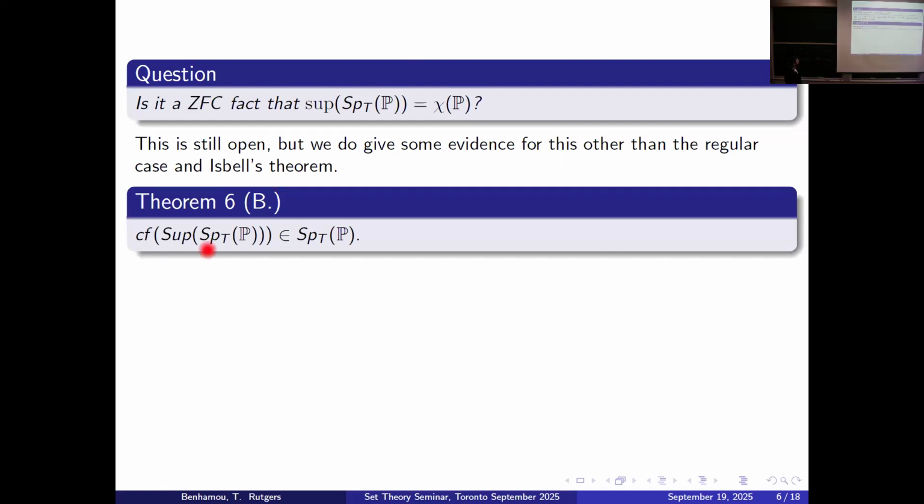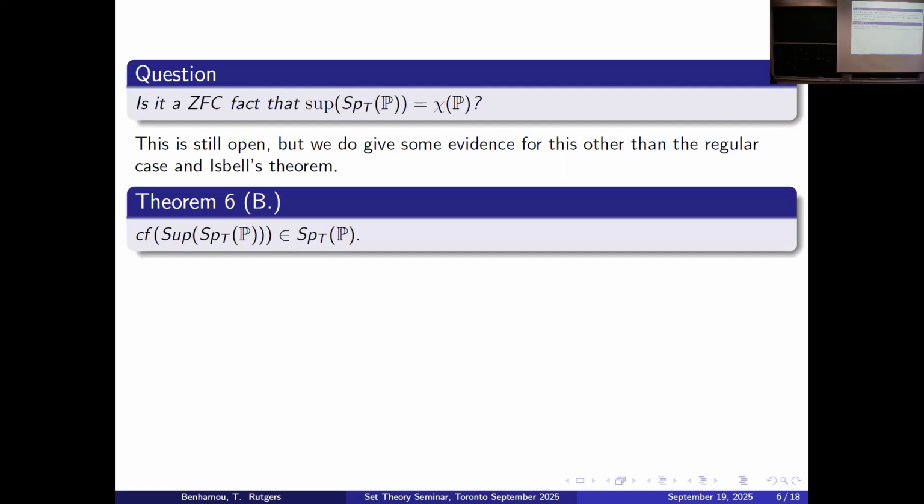But also if the sup is a regular cardinal, there should be, like, most of the cases where the sup is a regular cardinal, we know how to deal with, at least when the character is a regular cardinal. But there is still some progress to be done when the sup is a regular cardinal.